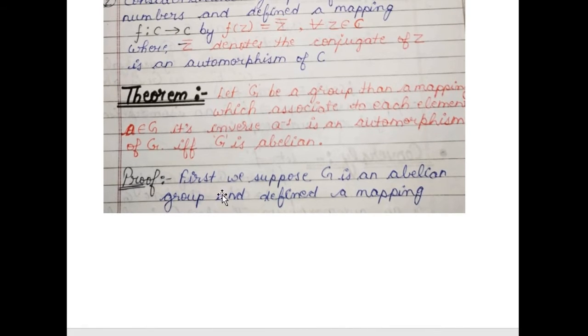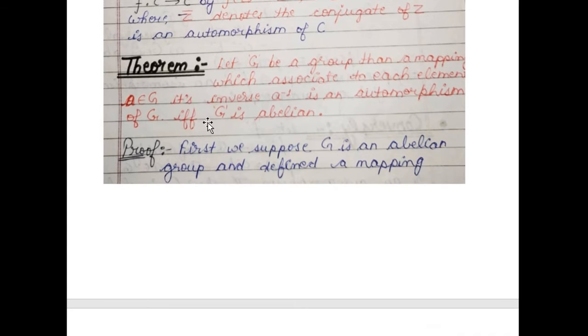So first we assume that G is an abelian group, and now we define a mapping F from G to G, because here we are defining an automorphism, and an automorphism is an isomorphism mapping between two same groups. So F from G to G is a mapping defined by F(a) is equal to a^(-1).